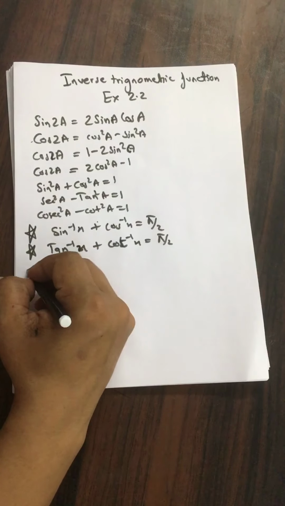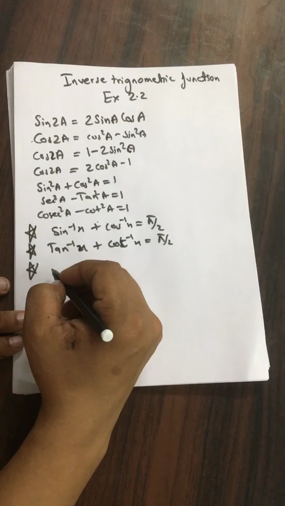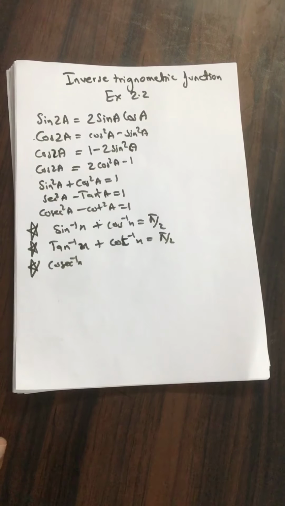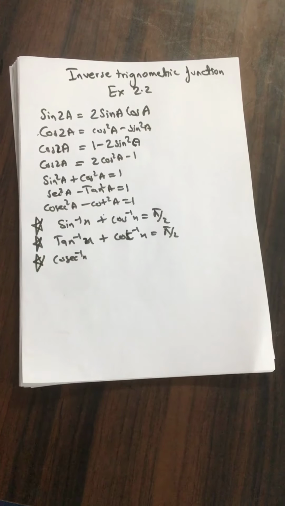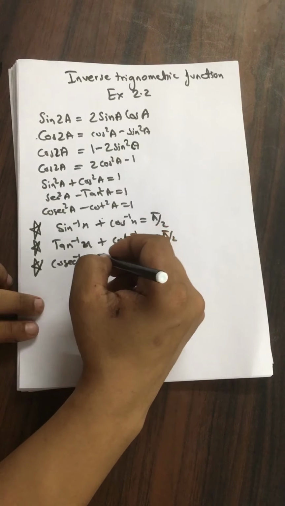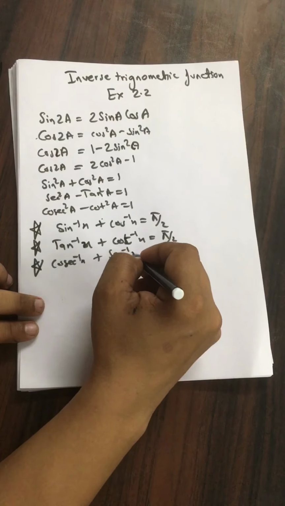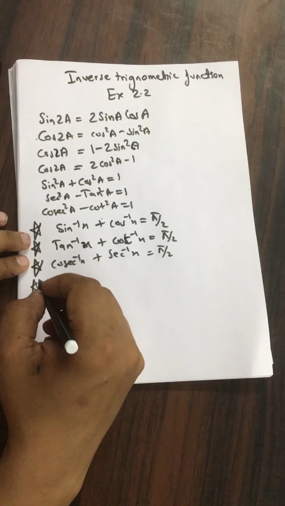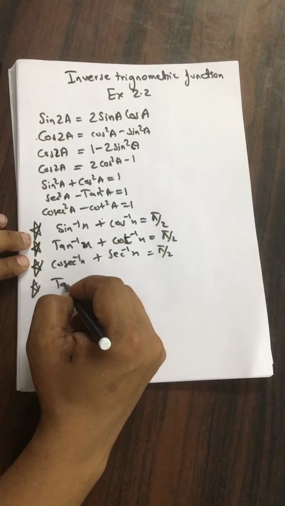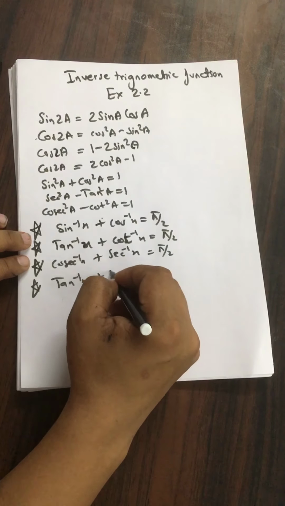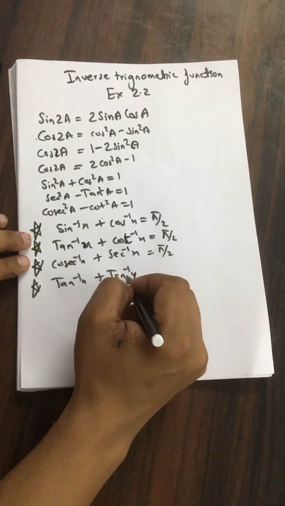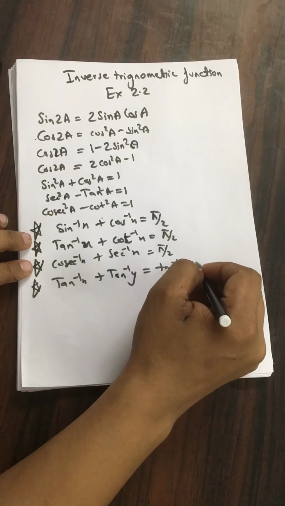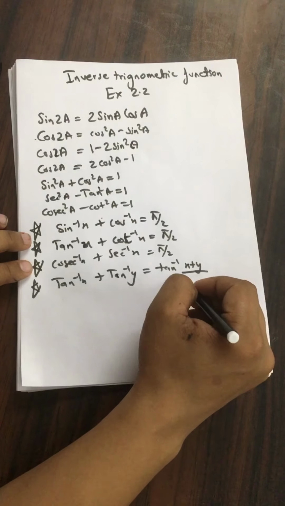Next is cosec inverse x plus sec inverse x equals pi by 2. Then next is tan inverse x plus tan inverse y equals tan inverse of (x plus y) upon (1 minus xy).